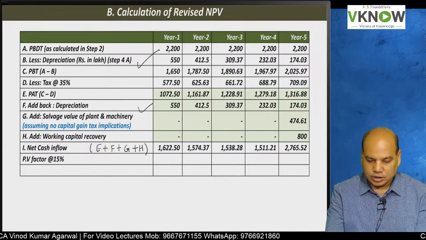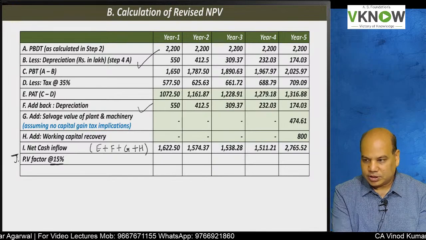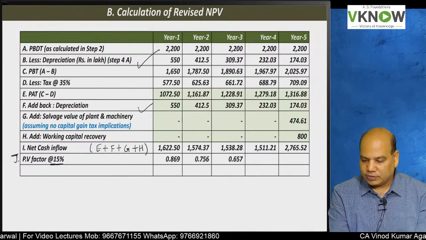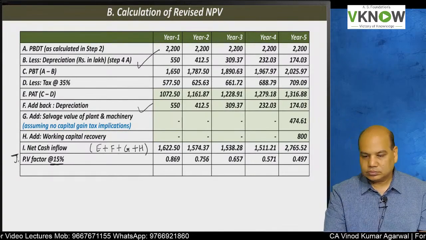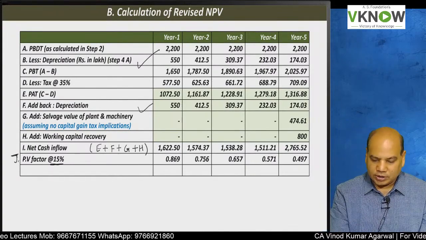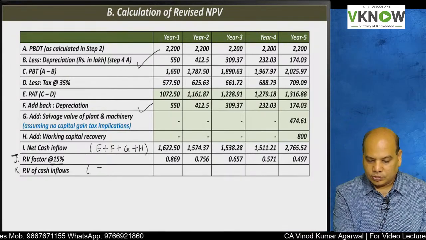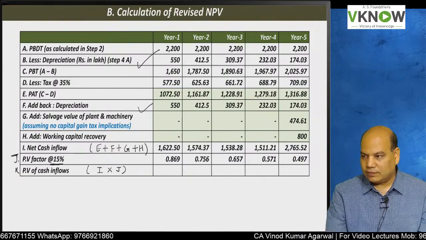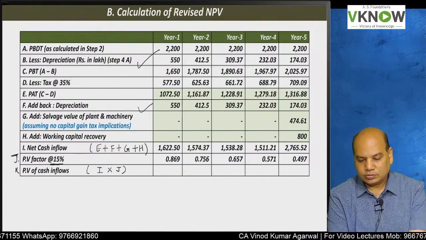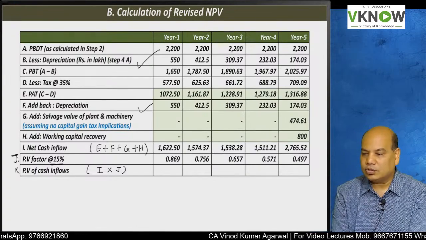Next point, write down J, PV factor at 15%. Again copy the same factor. Then write down K, PV of cash inflow, I into J. Write down please a little fast.